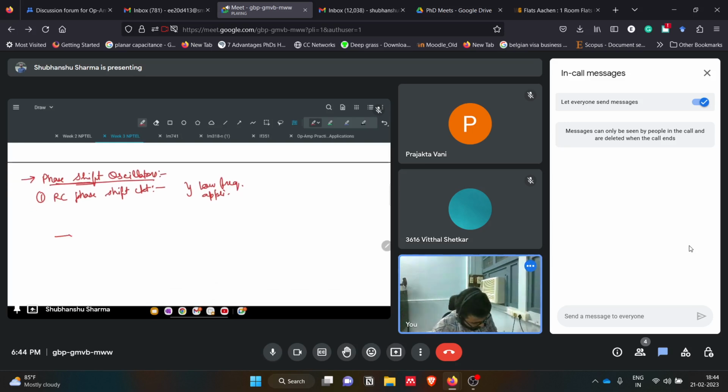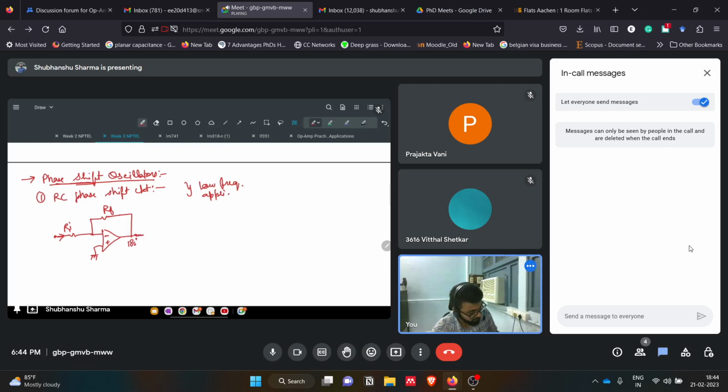Then in this, we have a negative feedback amplifier, an inverting amplifier. We are grounding this. This is RI, and this is RF. Whatever input we give from this side, it will make a 180-degree phase shift. That is what an inverting amplifier does.